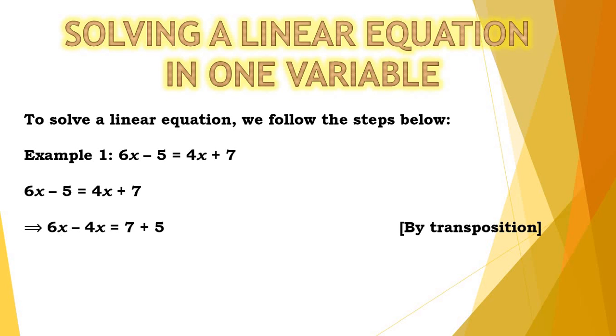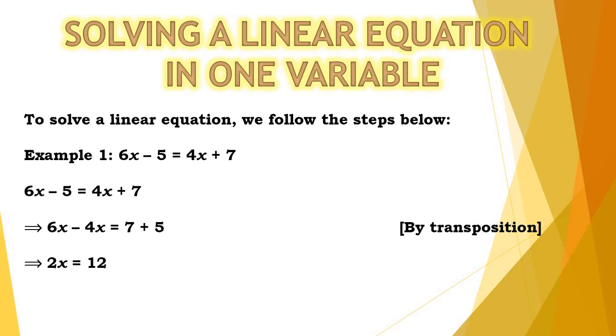The numerical coefficient of 6x is 6 and the numerical coefficient of 4x is 4. So we take the numerical coefficients and whatever sign is given in between, we solve it that way. So 6x minus 4x will become 2x, because 6 minus 4 is 2, and 7 plus 5 will be 12. So 2x is equal to 12.